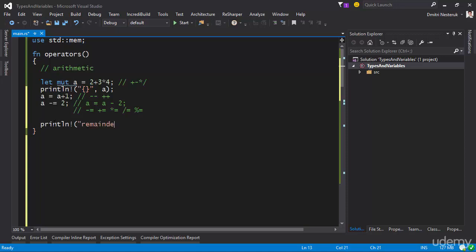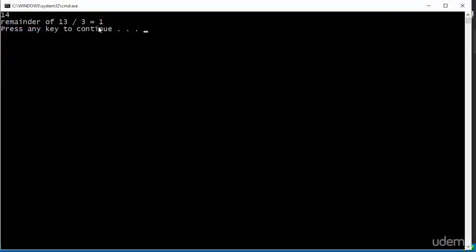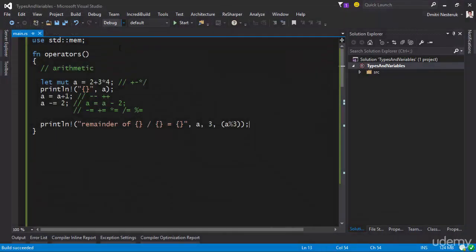We try to divide a by 3 and calculate the remainder. So the remainder would be a percent 3. The percent here means that we take the remainder of the division of a by 3. So 13 percent 3 should be equal to 1. And if we run this, well, that's exactly what we're getting here. So no particular magic here for now.